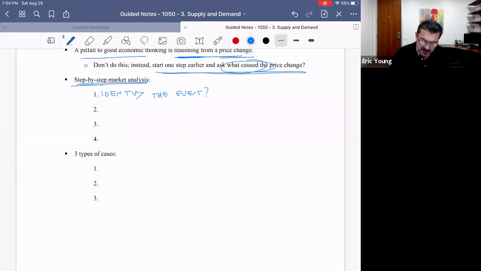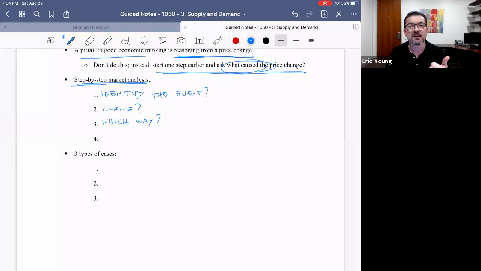Once you know the event, you have to identify which curve the event affects. That's why knowing those supply shifters and those demand shifters and keeping them separate in your head is so critical. So step one, what's the event? Step two, which curve does the event affect? Once you know which curve, you have to determine if the event in question will increase the curve or decrease the curve. In other words, which way?